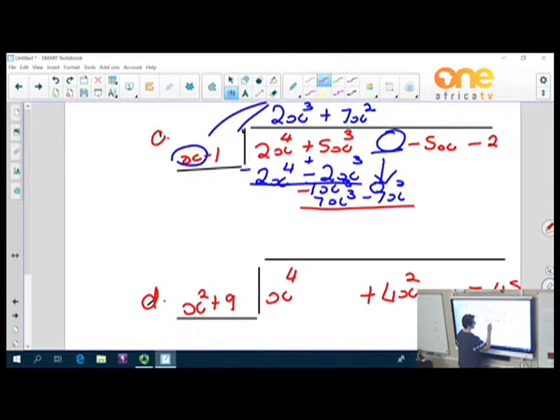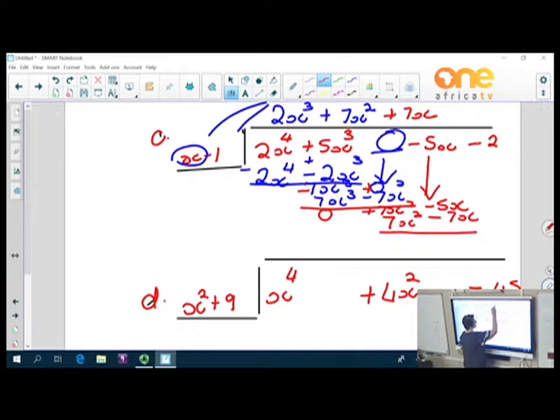So I change the second signs and I add. Here we eliminate. So this one is then going to be positive 7x. Still bring that one down. 7x squared minus 5x. How many times will it now divide? Plus 7x times. I multiply, then I have 7x squared, and there it will be minus 7x.